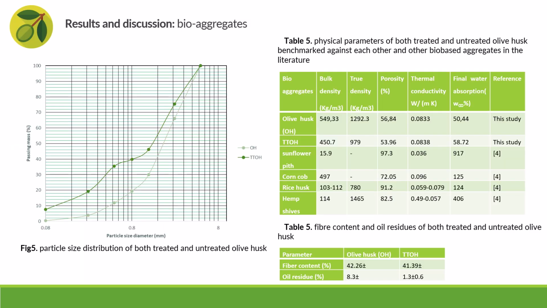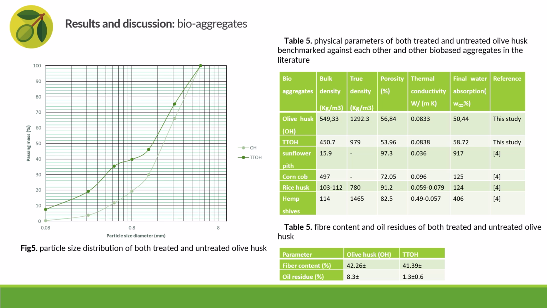Now the intrinsic characterization of the olive husk aggregates in both untreated and thermally treated forms. This analysis establishes their baseline properties as lightweight bioaggregates. The bulk density of untreated olive husk is approximately 549 kilograms per meter cube, corresponding to a porosity of about 57%.